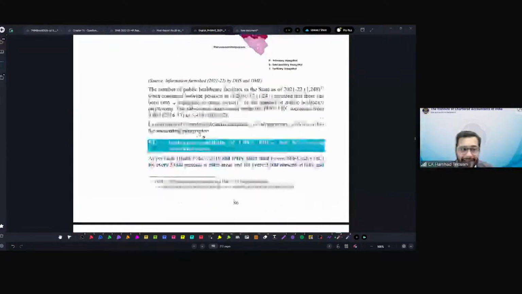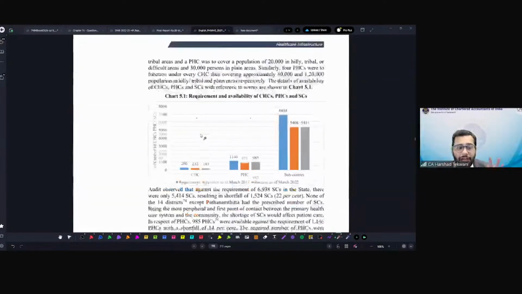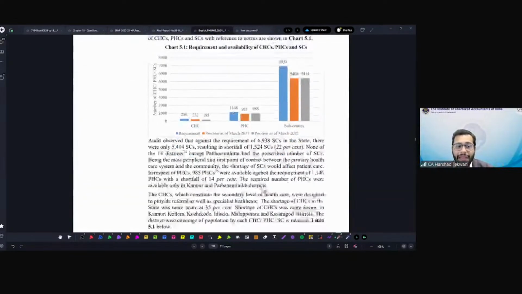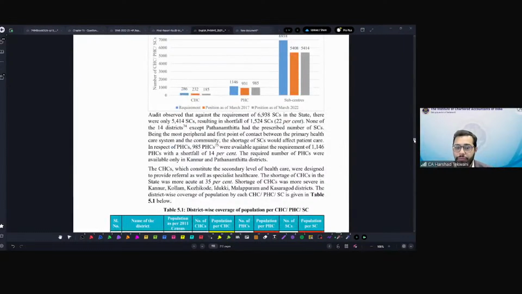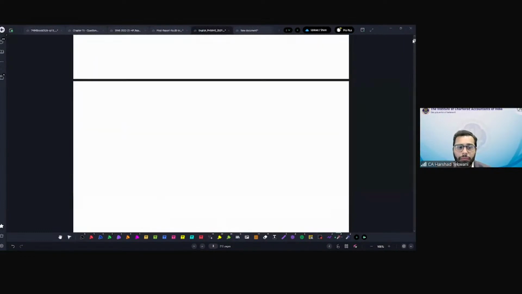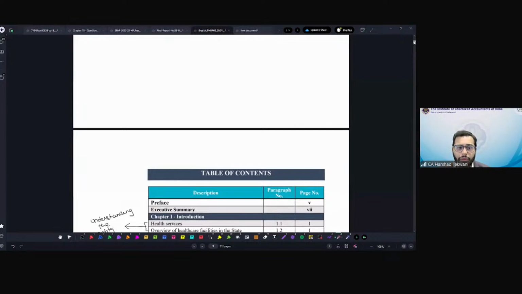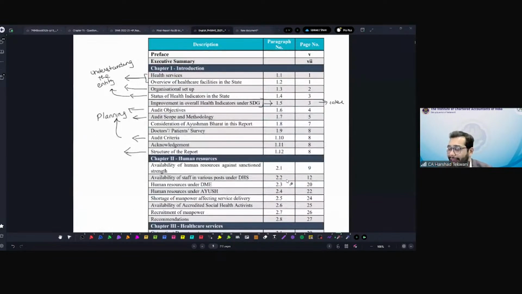I hope you got the understanding of what performance audit is and how it is different from your compliance audit. Yes or no? Any doubt?